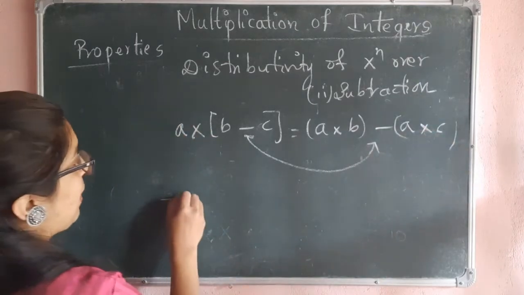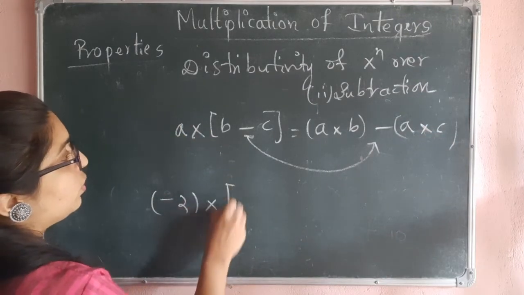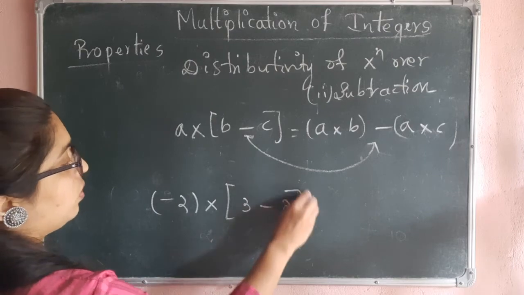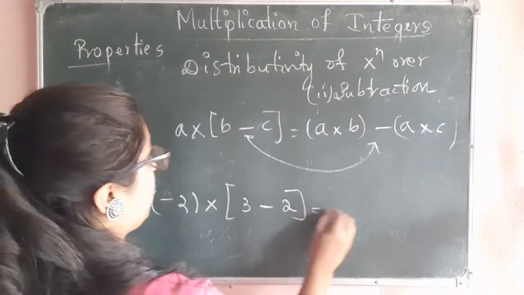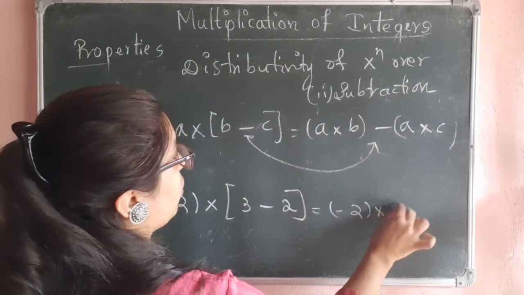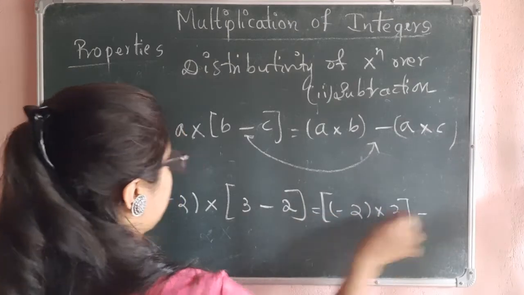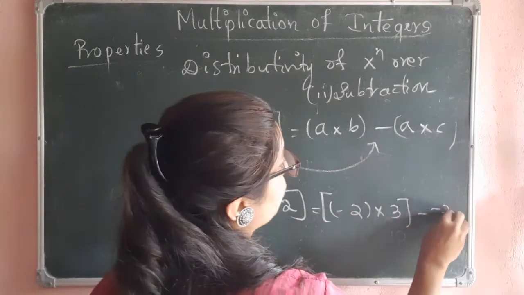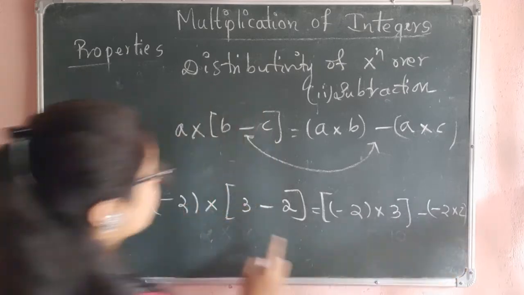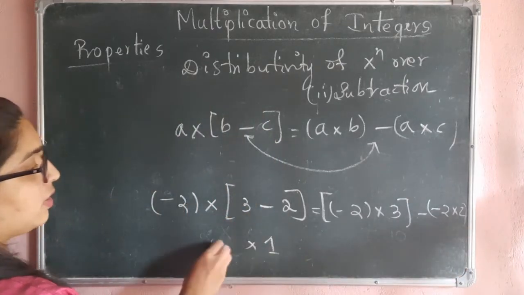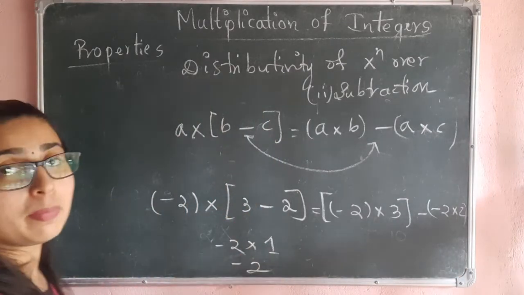So let us take minus 2 into (3 minus 2), that is equal to minus 2 into 3 minus minus 2 into 2. See here, 3 minus 2 is 1, so minus 2 into 1. The answer will be minus 2.